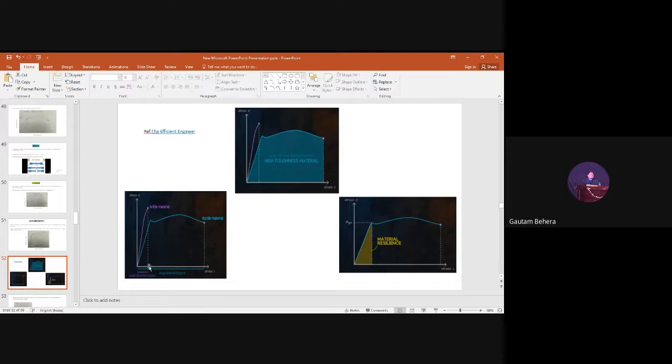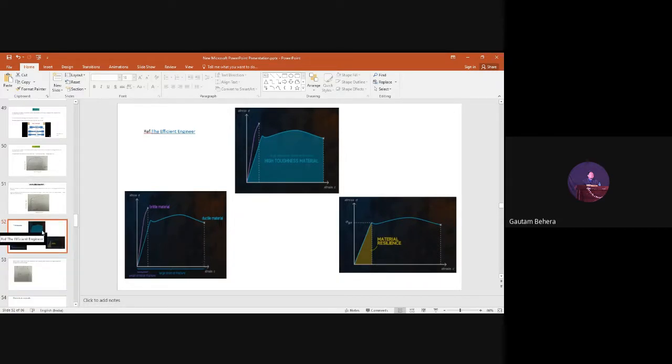If the strain value is less than 5%, right? And how to get the strain? Just by dropping the projection from the fracture point, like this. Okay, anyways, this is clear.